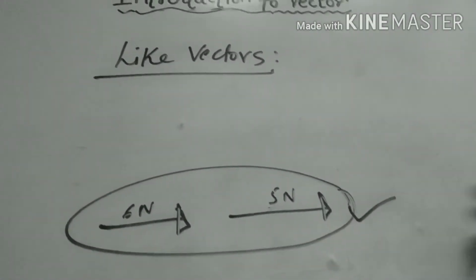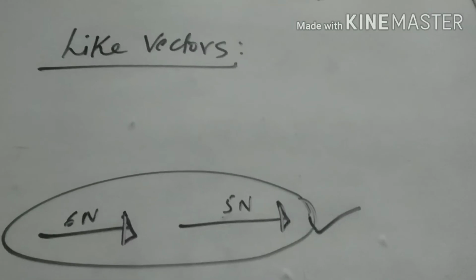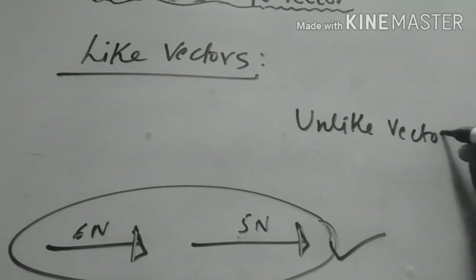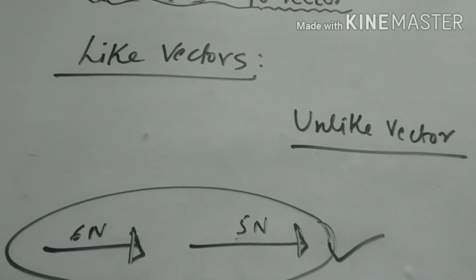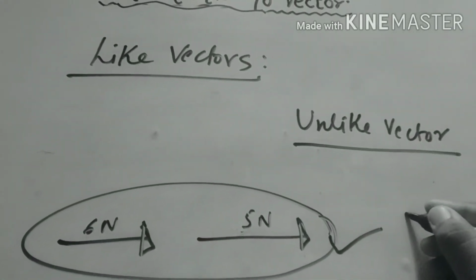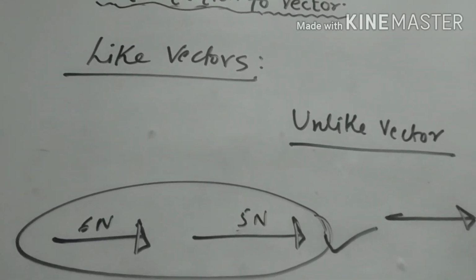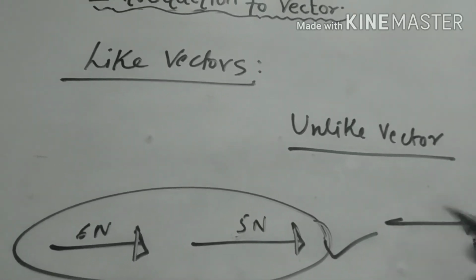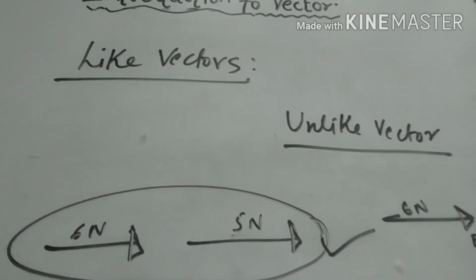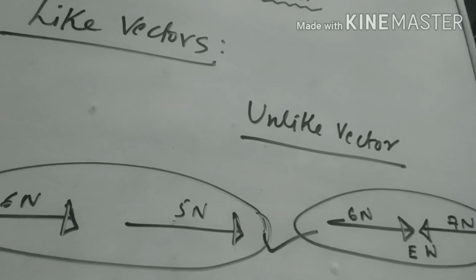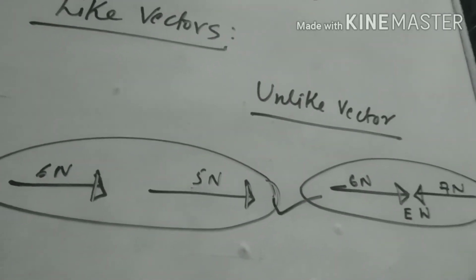So they both are like vectors, like we have read like fractions and unlike fractions. Then we have unlike vectors. Unlike vectors are those vectors which have opposite direction, which do not have the same direction. If there is a vector like this and another vector like this, one points towards east, the other towards west, this is 6 Newton and this is 7 Newton, whatever, since they point towards different directions, they are unlike vectors.